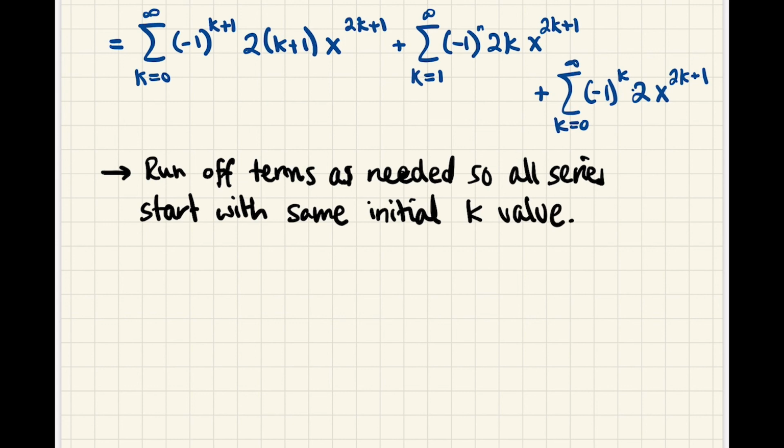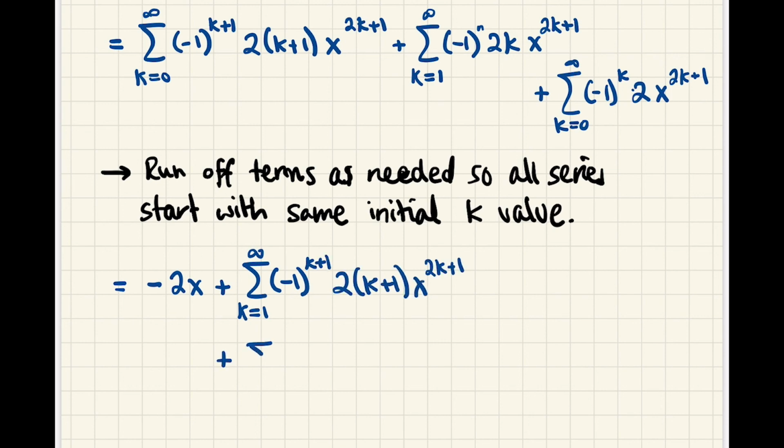So we'll have to run off a first term of the first series. So that would be k equaling 0. And we can see when k is equal to 0, we're going to get negative 2 times x. And then we'll just have the rest of the other terms, which are just k equals 1 to infinity of all of this stuff.